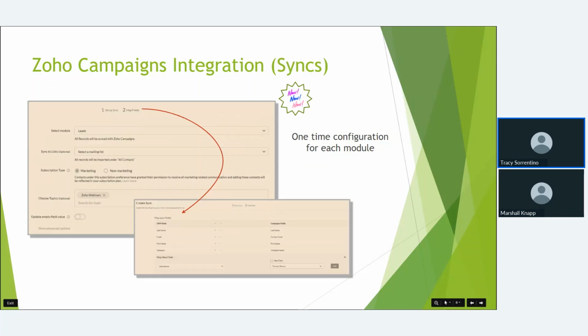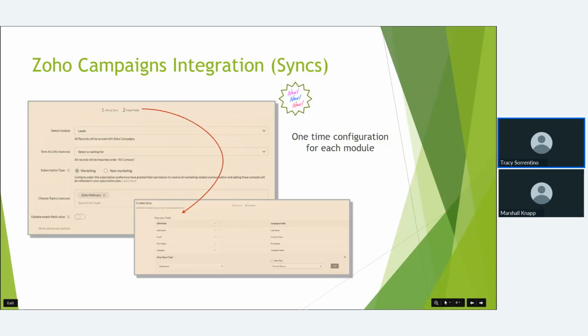Things you want to think about, in the sync in particular, is how many contacts are in your CRM, and do you want to market to them? Do you want to market to them all at one time?